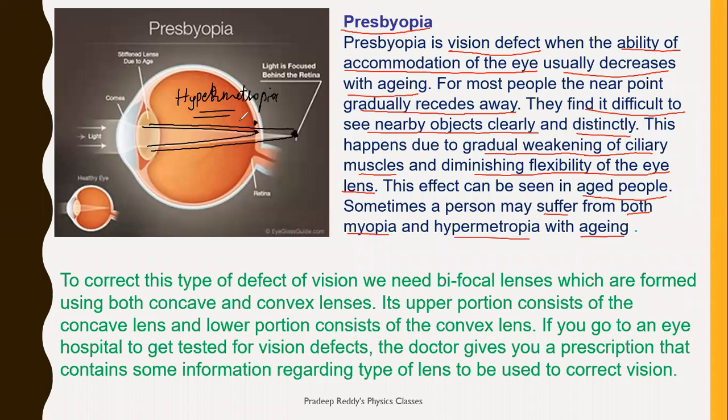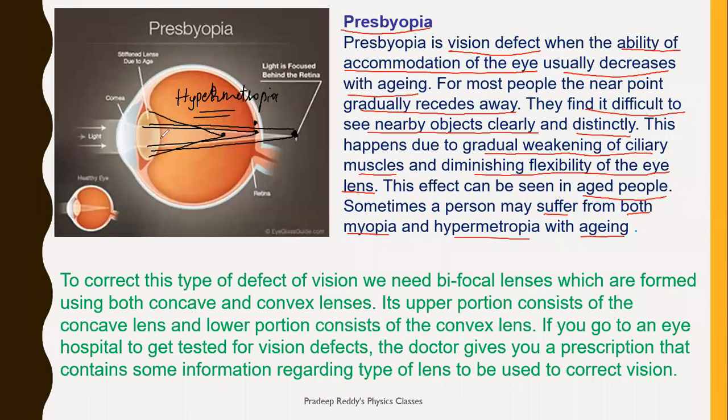Sometimes it may even be myopia. That means sometimes, because of weakening of the ciliary muscles, the image can be focused in front of the retina. This is myopia. So due to weakening of ciliary muscles with age, the image cannot be focused on the retina. Such a type of defect is called presbyopia.